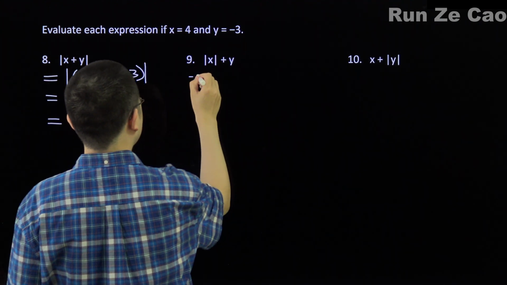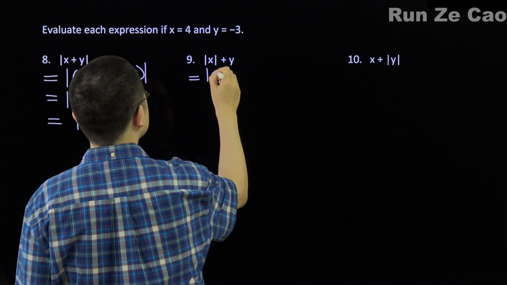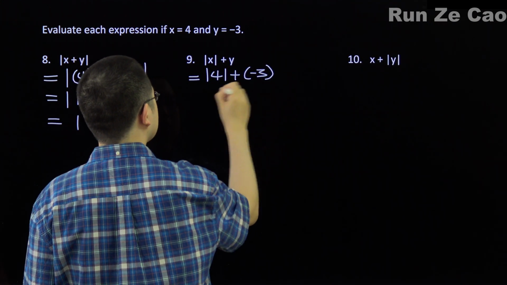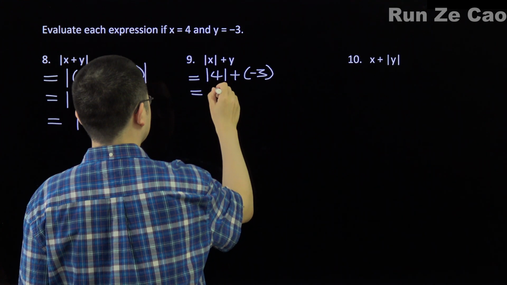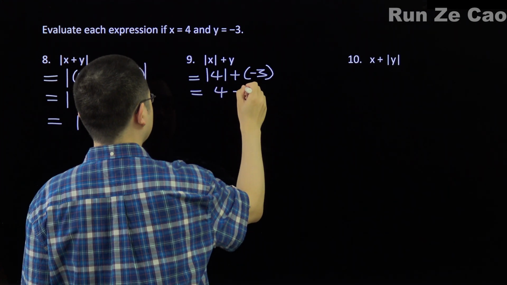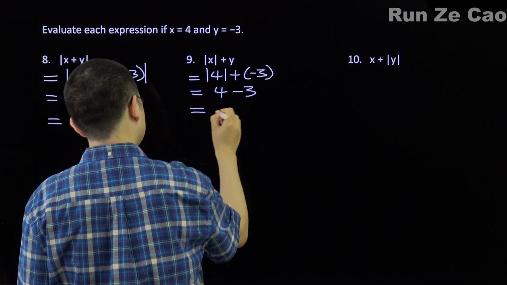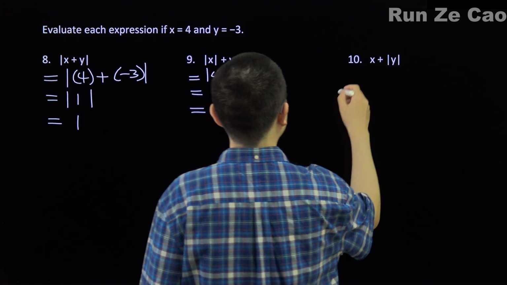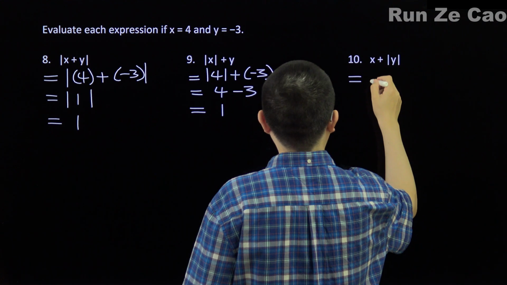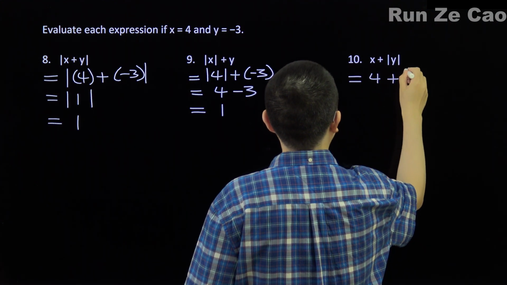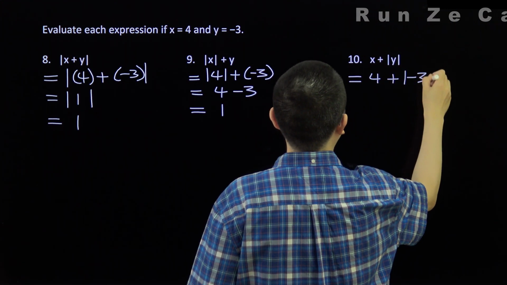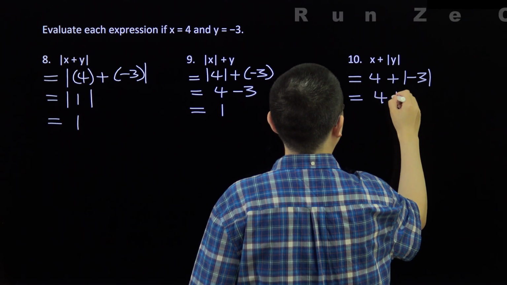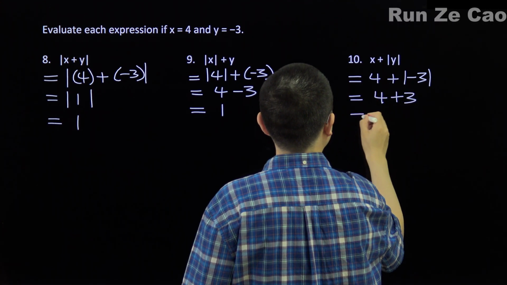Magnitude of x plus magnitude of y is magnitude of 4 plus negative 3, so 4 minus 3, so 1. And x plus magnitude of y, well, that's 4 plus magnitude of negative 3, which leaves us at 4 plus 3, which is 7.